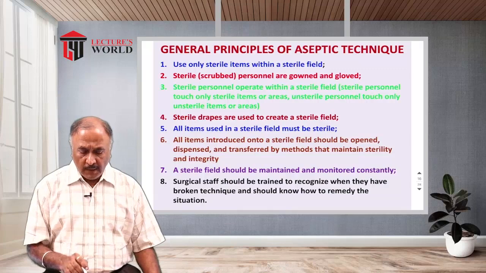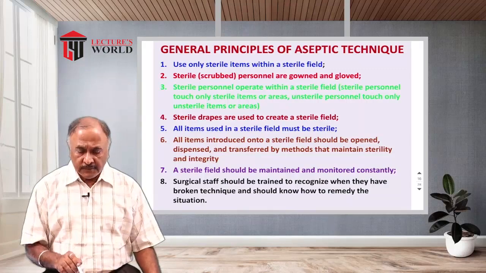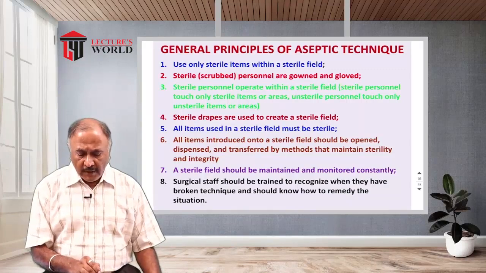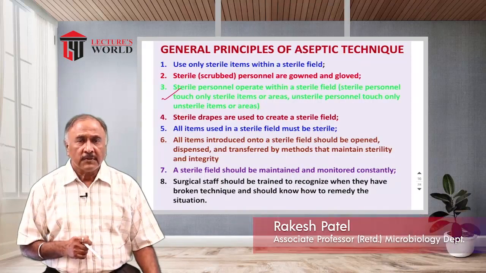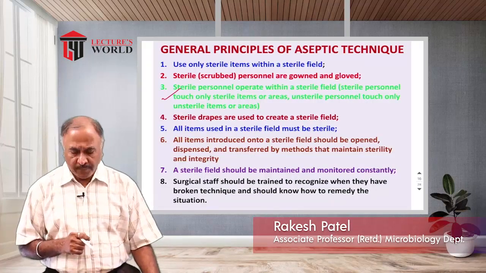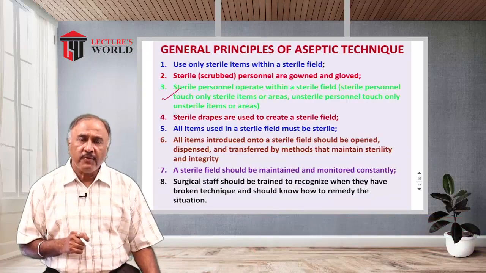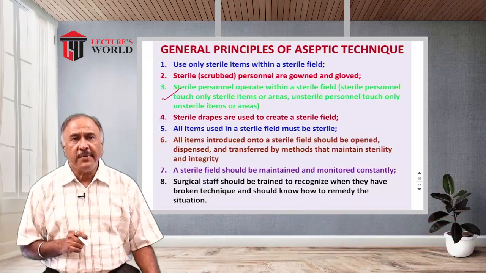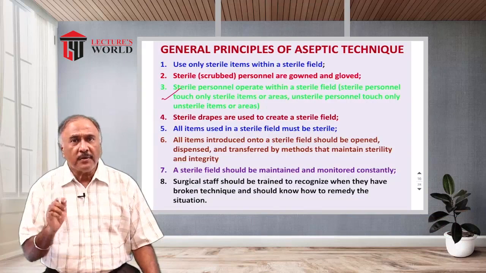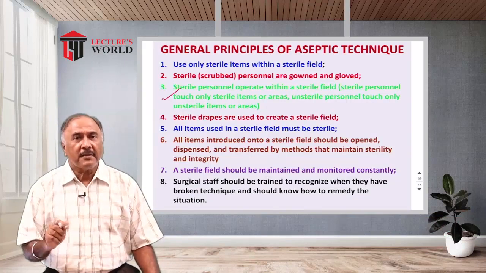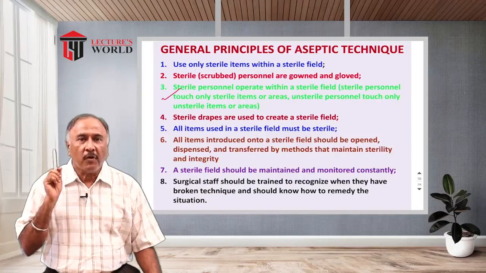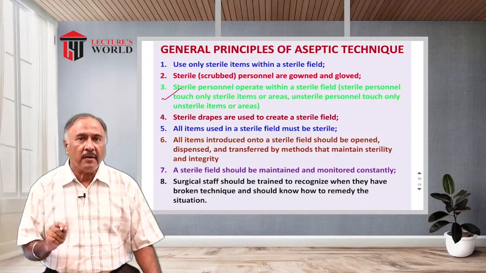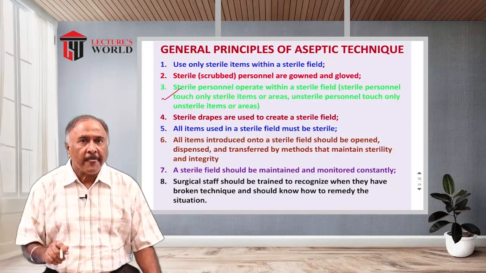Third thing, sterile persons operate within a sterile field. When I am using the word sterile persons, I mean not an individual who is sterile, but whatever apparel he is wearing, including gloves or a cap, they have to be sterile.